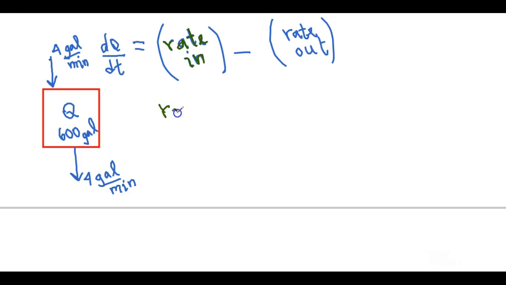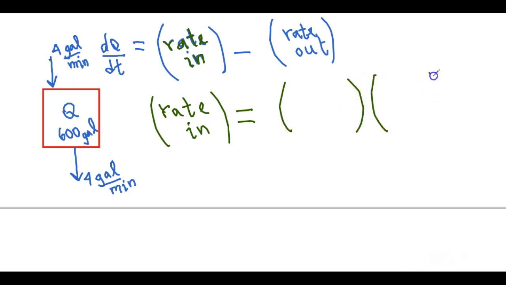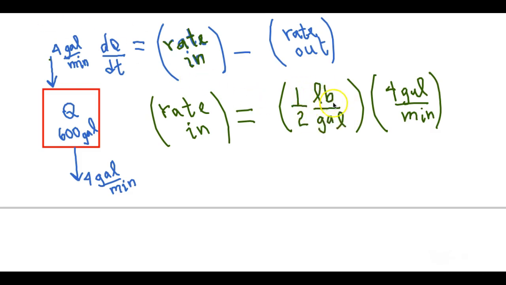So the rate in is going to be equal to 4 gallons per minute multiplied by 1/2 pound per gallon.